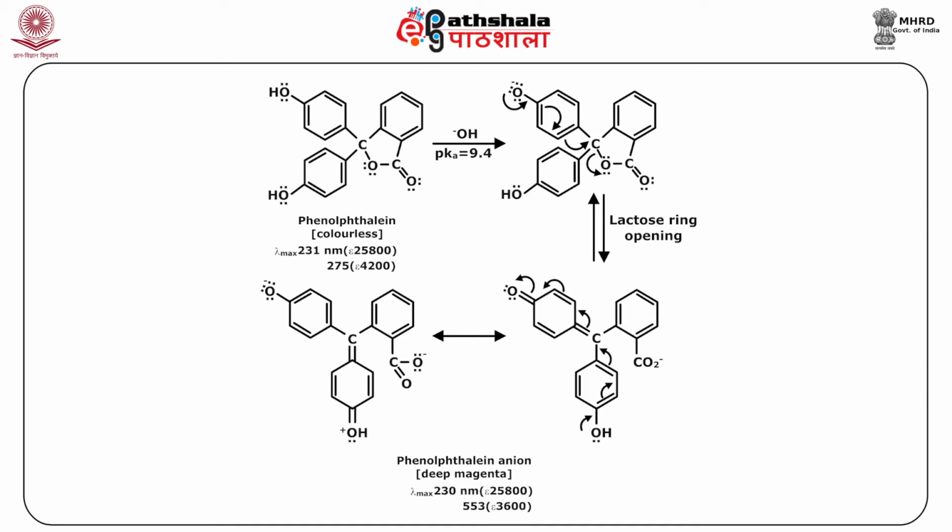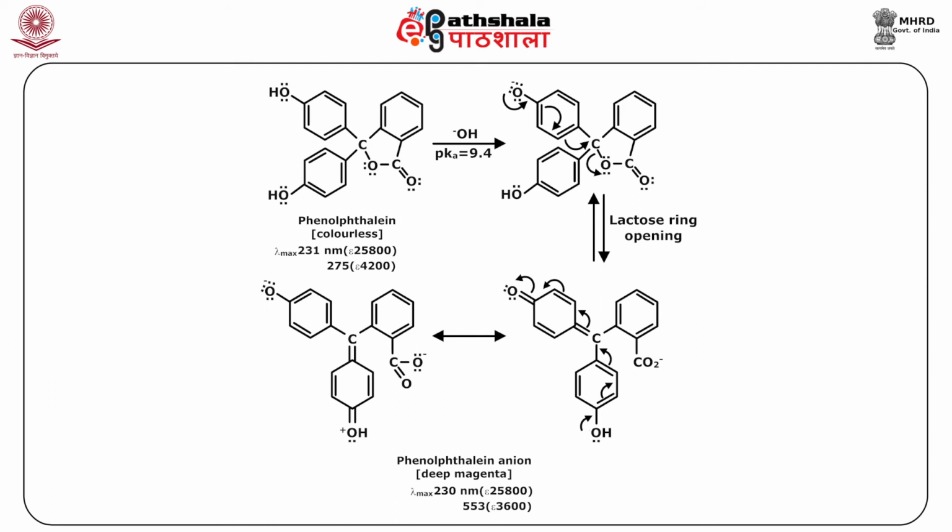Phenolphthalein is a weak acid which dissociates in water to give the anion, which results in extension of the negative charge of the oxygen atom and leads to a substantial bathochromic shift to a longer wavelength and a lower energy. Thus, the anion of phenolphthalein is colored while its non-ionized form is colorless. This forms the basis of many titrations.